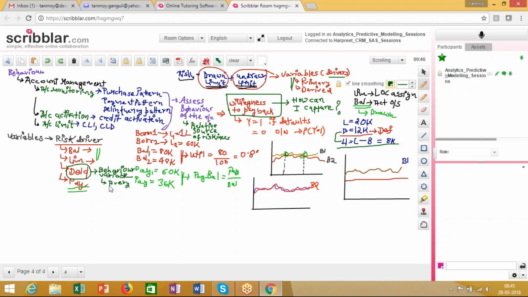On the other hand, when we are trying to assess behavior risk, the delinquency variable becomes very important. It's a very important segmentation variable.